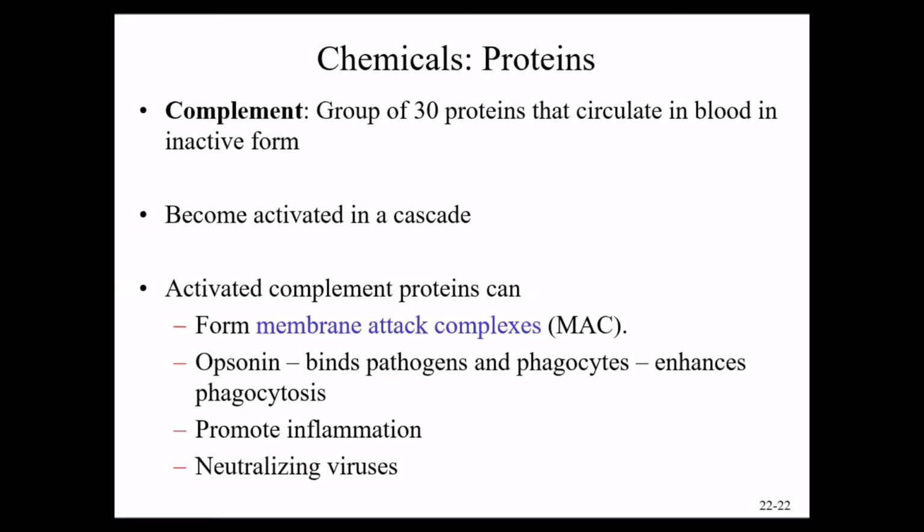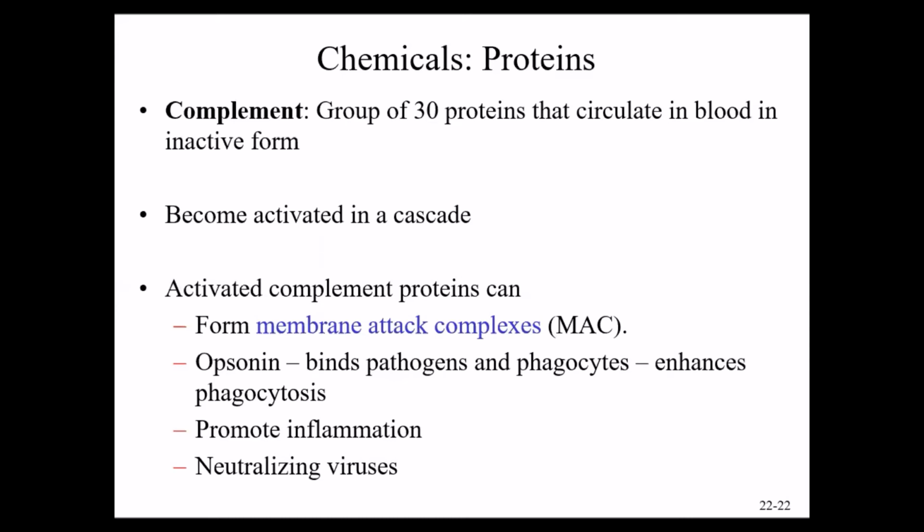Now, complement is not just a single chemical, it's actually a group of 30 or more proteins that work together to create what's called a MAC complex, a membrane attack complex. And it does some other things we'll mention here, but 30 or more proteins working together. They're normally inactivated.